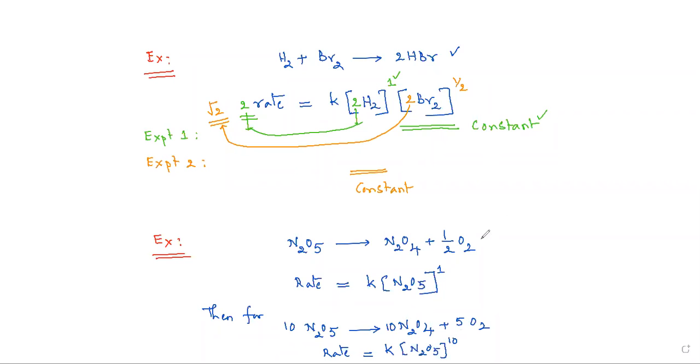Because as far as this particular reaction is concerned, when the concentration of N2O5 is doubled, rate is only doubled. It can never be this, because when concentration of N2O5 is doubled, rate is never going to become 2 power 10 times. No, this is wrong.